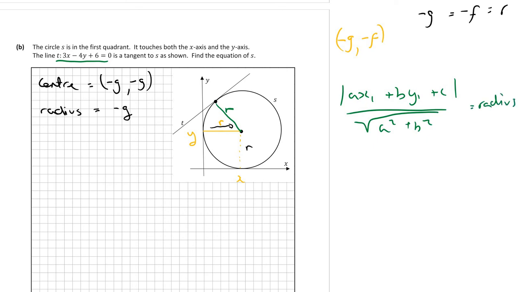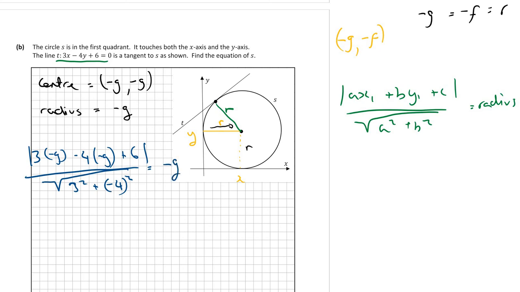So a is just 3, our x1 is minus g, that's our center, plus minus 4 times minus g, because that's our y value of the center, plus c, which is 6 in this case, modulus of that all over 3 squared plus 4 squared, or minus 4 squared, same thing, is equal to our radius, which is minus g.